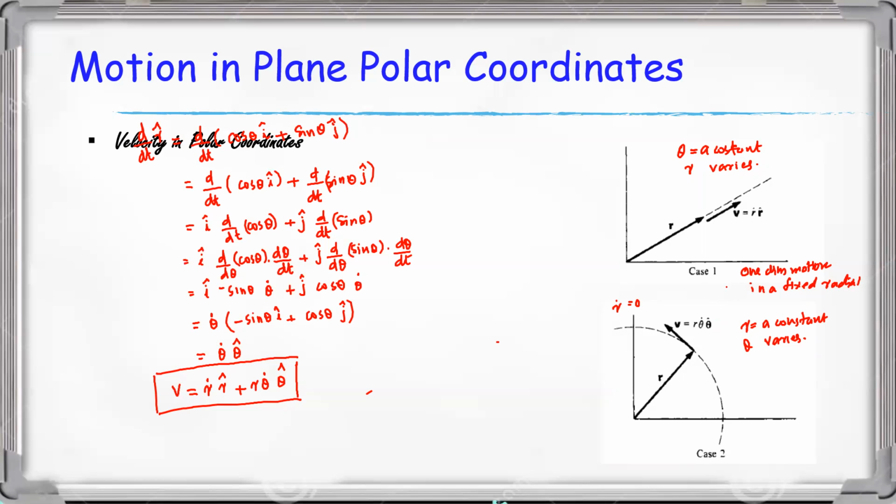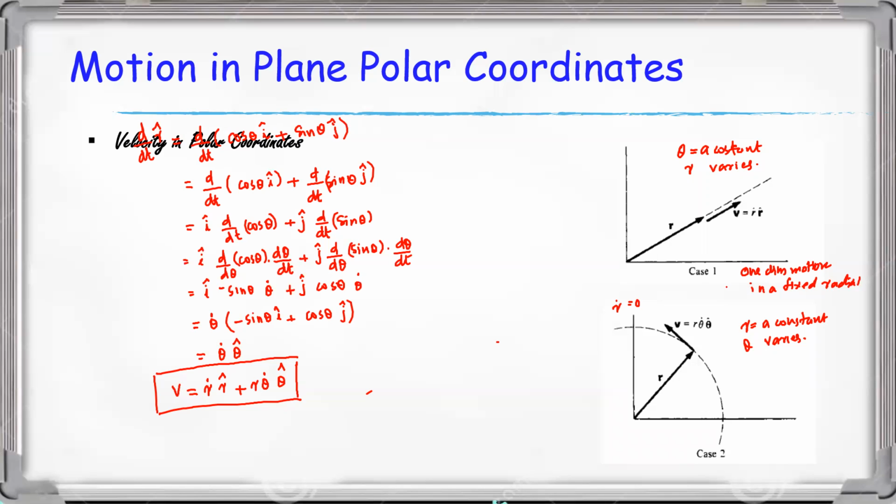The motion lies on the arc of a circle. We know that r is constant. As the radius is constant, the motion must take place in the arc of a circle.